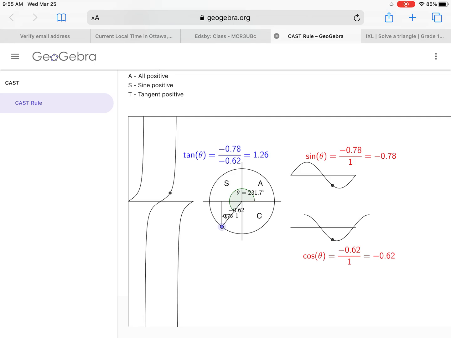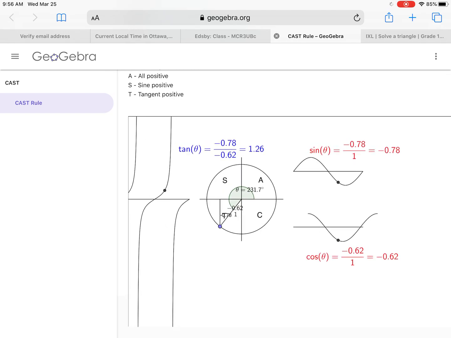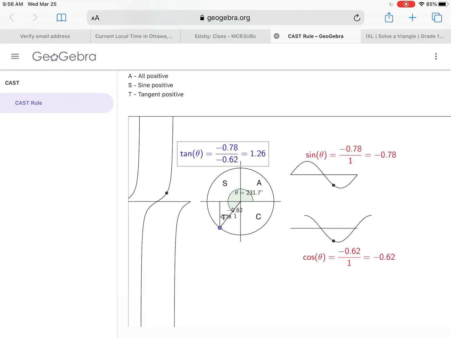It says find the value of sine 230, tan 230, and cos 230. What I want you to see here is that, and I can't really write on the screen, but if you look at the tan there, you've got a negative over a negative, which ends up as a positive ratio. The sine, we have a negative over a positive, which gives me negative, and cosine is negative over a positive.